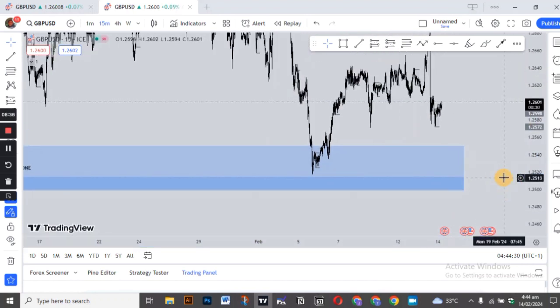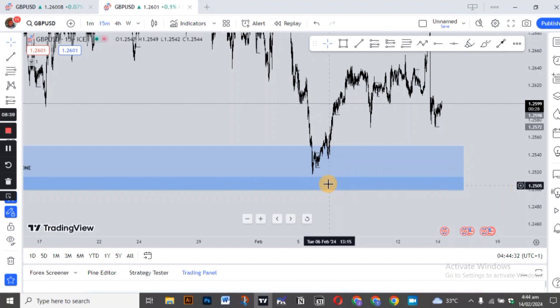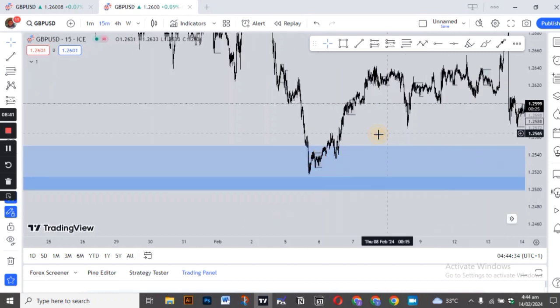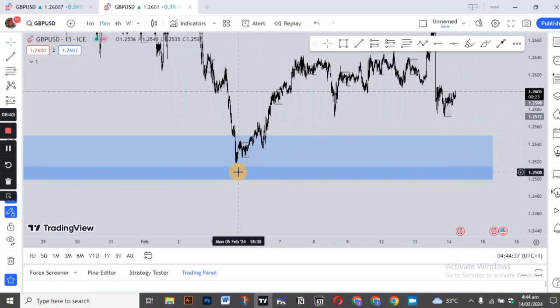Alright guys, so this is 15-minute zone that has been marked out. So when price got to this zone, price didn't enter the 15-minute zone.